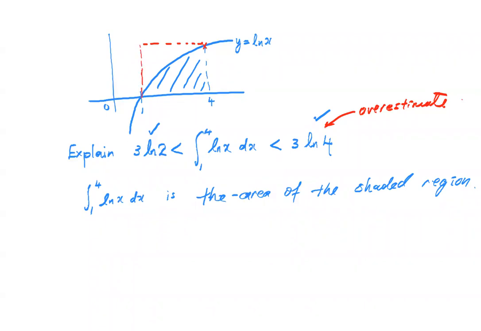Then I label the rectangle A, B, C, D. So I say the area of rectangle ABCD is more than the area of the shaded region.